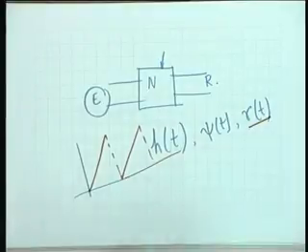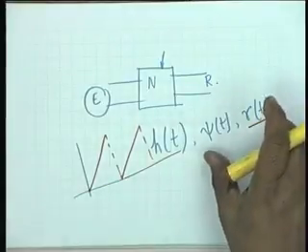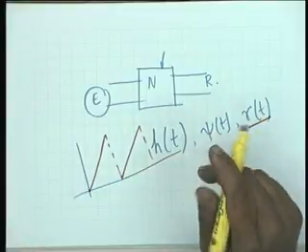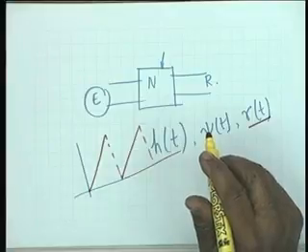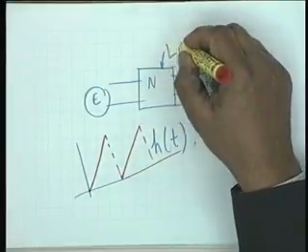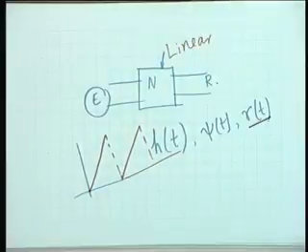These are time domain descriptions, and they are valid. The unit impulse response is valid only for a very specific type of network, and these are the linear networks. Provided it is linear, you can describe the network grossly by a unit impulse response, unit step response, or unit ramp response.